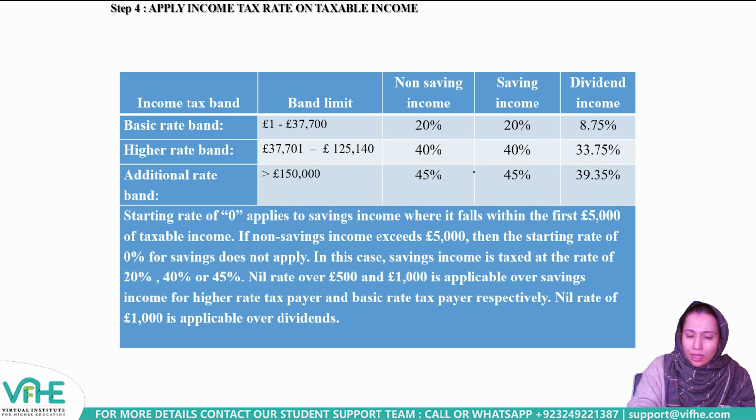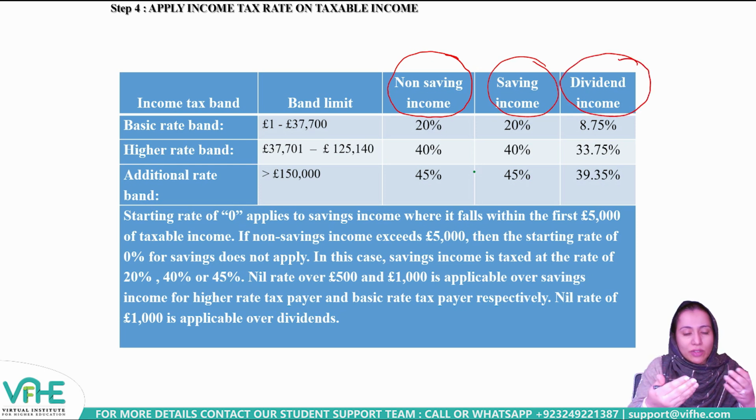As we all know, whenever we compute our tax liability, we've got three columns: non-savings, savings, and dividend. When it comes to the non-savings column, preferably we apply tax rates on the non-savings column.